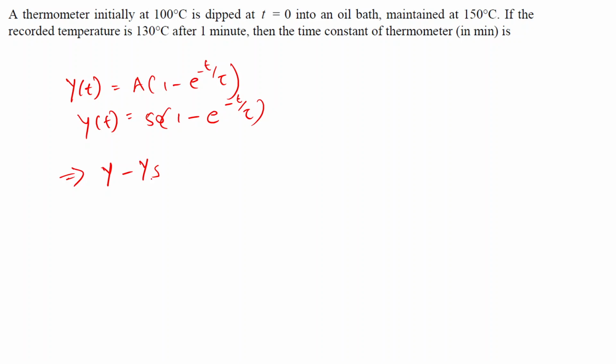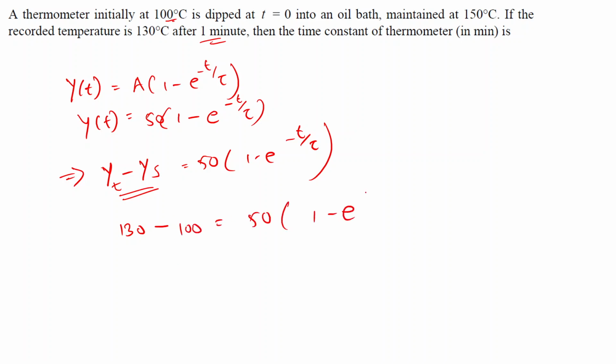These small y's are basically the deviation variables. Now at t equal to 1 minute, we have the temperature as 130 degrees Celsius, and the initial steady state of the system was 100 degrees Celsius, so 30 is equal to 50 into 1 minus e raised to minus 1 minute upon tau. So you can write this as 30 upon 50, and it will become 0.6.